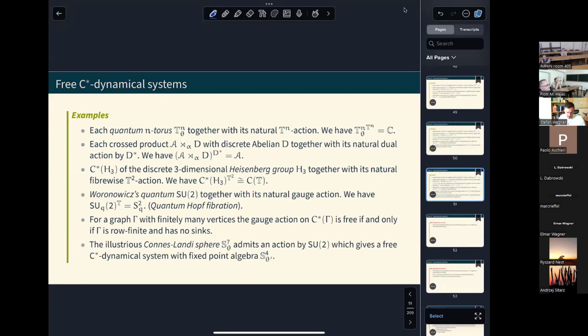And finally, so far you've seen examples where basically only compact abelian groups are acting, but you also have the Connes-Landi spheres, which is a non-commutative 7-sphere. And this comes equipped with an action of SU(2). Then you can show that this is a free action with fixed point algebra some non-commutative 4-sphere. So what I'm saying is there are plenty of examples.